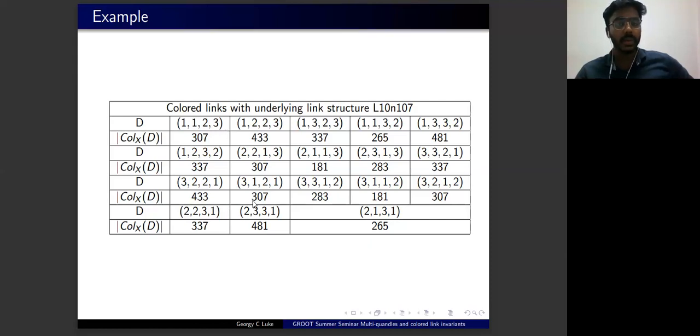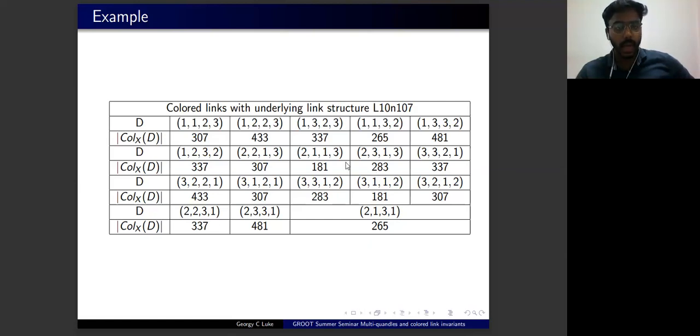These are all combinations possible, with all 3 colors used. We detect that there are some 5 or 6 equivalence classes. 307 is repeated 4 times, 433 is repeated 2 times, and so on. At least 7 equivalence classes are there.